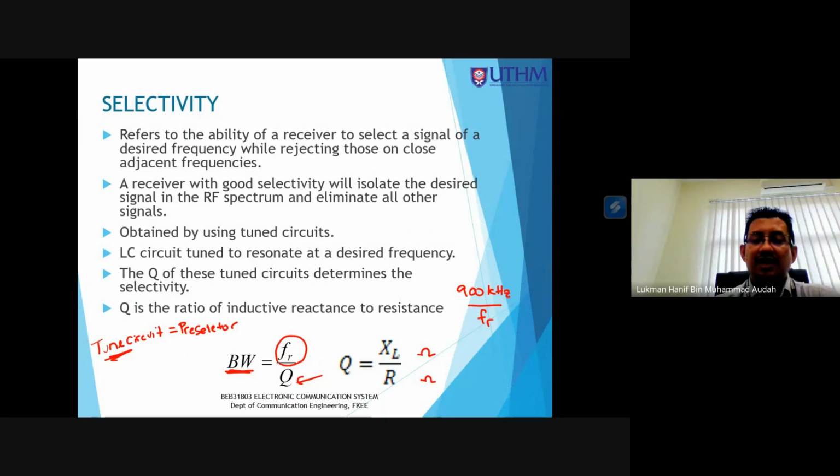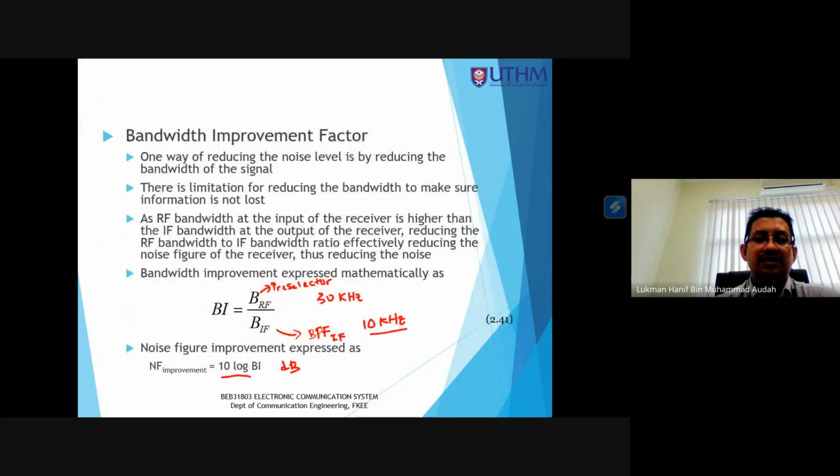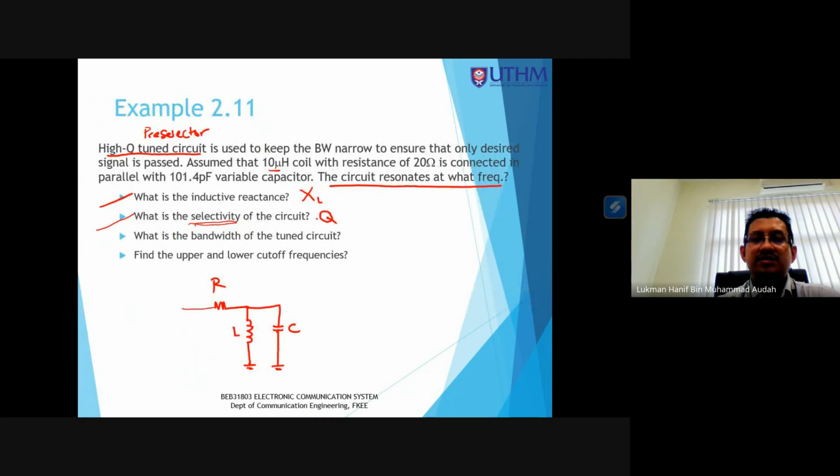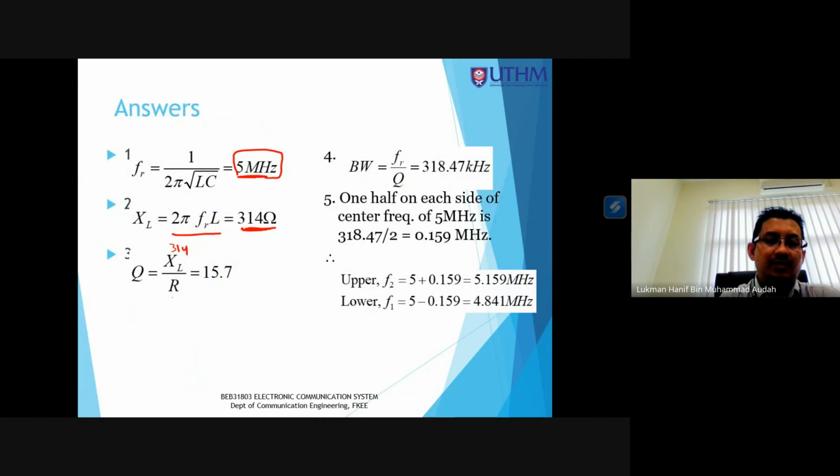So 314 you divide with resistance 20, so you get 15.7.